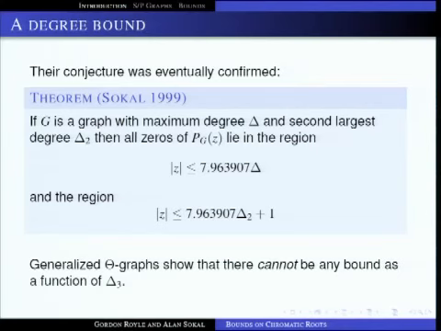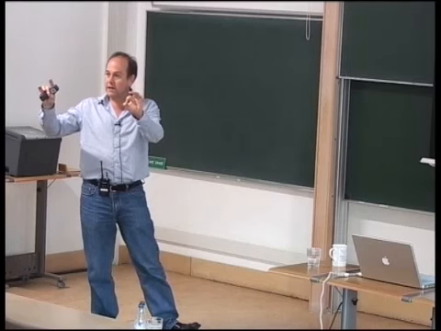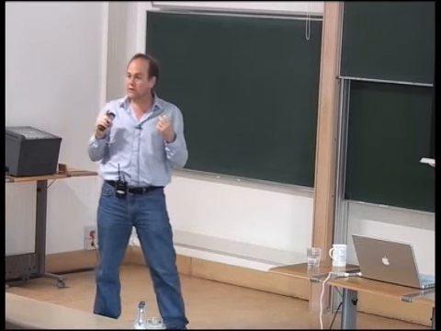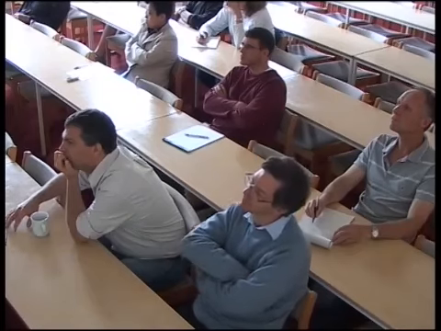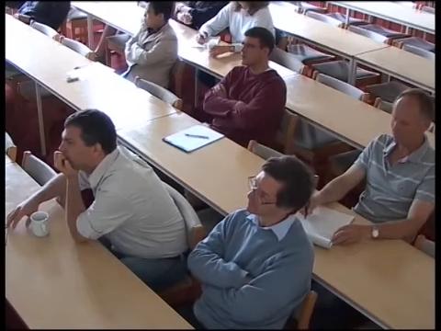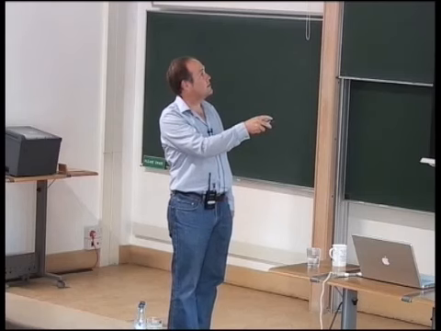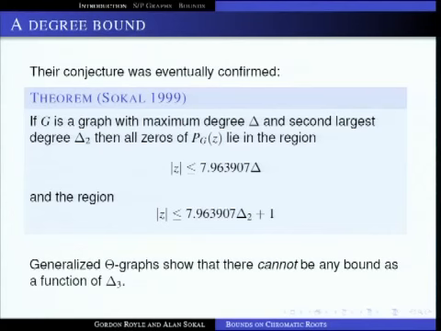We can't do anything with the third maximum degree because those graphs that I drew in the air have only got 2 vertices of high degree, and they've got chromatic zeros everywhere. Various people have played with reducing this 8. The 8 is an artifact of the proof, not a reality. People have reduced this in various ways, maybe down to 6 or 5 if you're willing to stick to real roots or something like that.